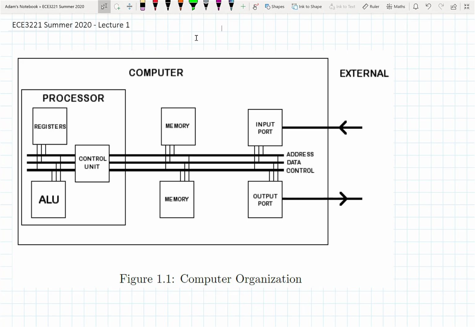We are going to focus very heavily on a specific processor for this class known as the Nios II processor, which is in fact a soft processor that is realized in the fabric of an FPGA, a field programmable gate array, which you all should be very familiar with from the digital logic course.